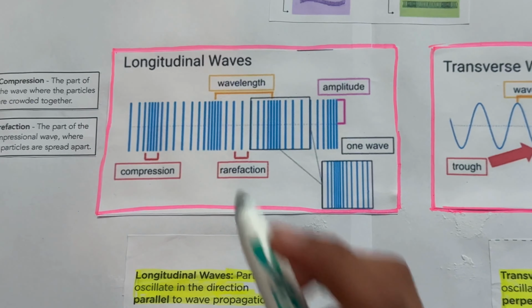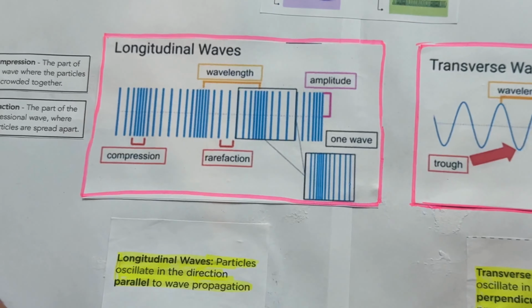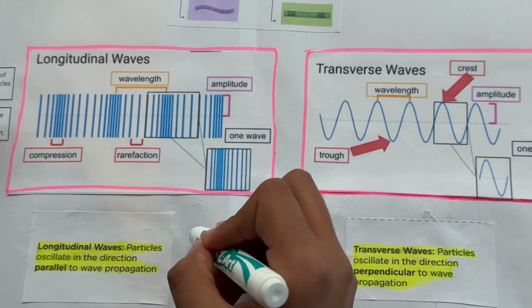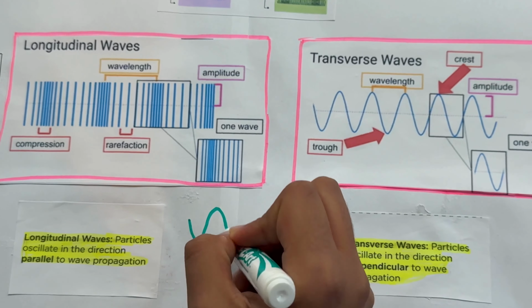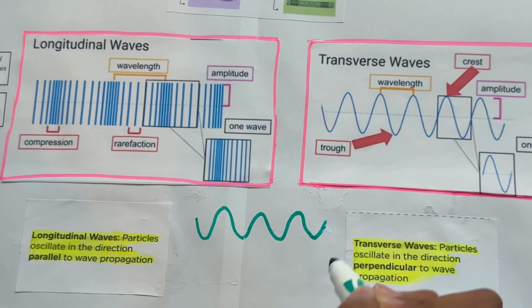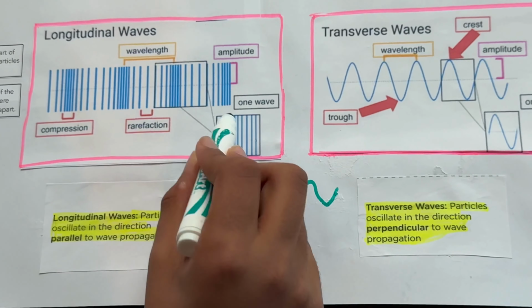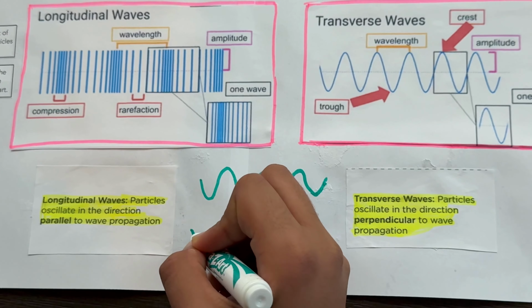We can also see how longitudinal waves compare to transverse waves, because while a transverse wave would be going like this, the longitudinal wave, if I were to try to draw it, would go something like this.